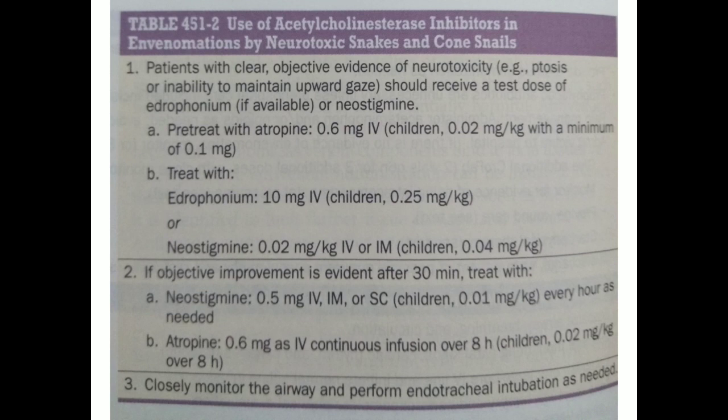For example, I told you in the venom composition, it can inhibit the coagulation pathway at different levels, so the patient requires clotting factors, and FFP can be transfused. And if there is rhabdomyolysis, it leads to acute tubular necrosis and renal failure. Some patients may even require hemodialysis until their renal parameters improve.